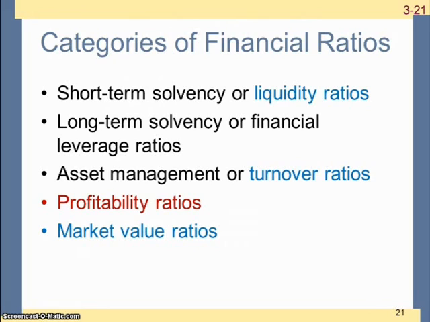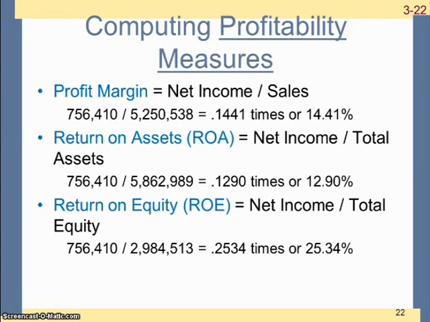We are going to the fourth financial ratios. There is profitability ratio. Profitability ratios indicate how well a firm is performing in terms of its ability to generate profits. They are profit margin, ROA, and ROE. Let's look at profit margin. Profit margin is an accounting measure of bottom line profit per dollar of sales.